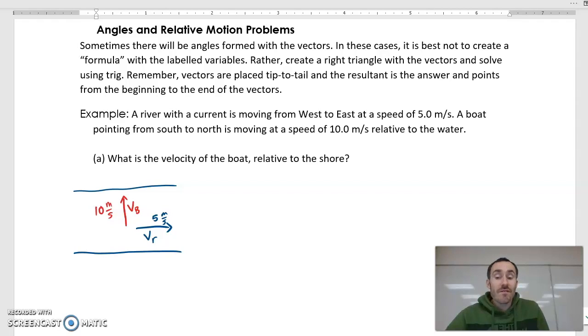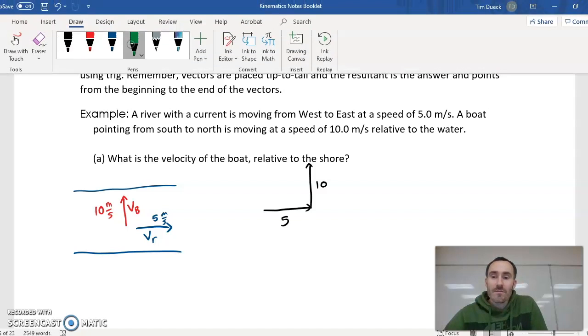Okay, so this is a vector addition problem. We have the river flowing 5 meters per second east, and we have the boat moving 10 meters per second, not drawn to scale, ran out of room, 10 meters per second north.